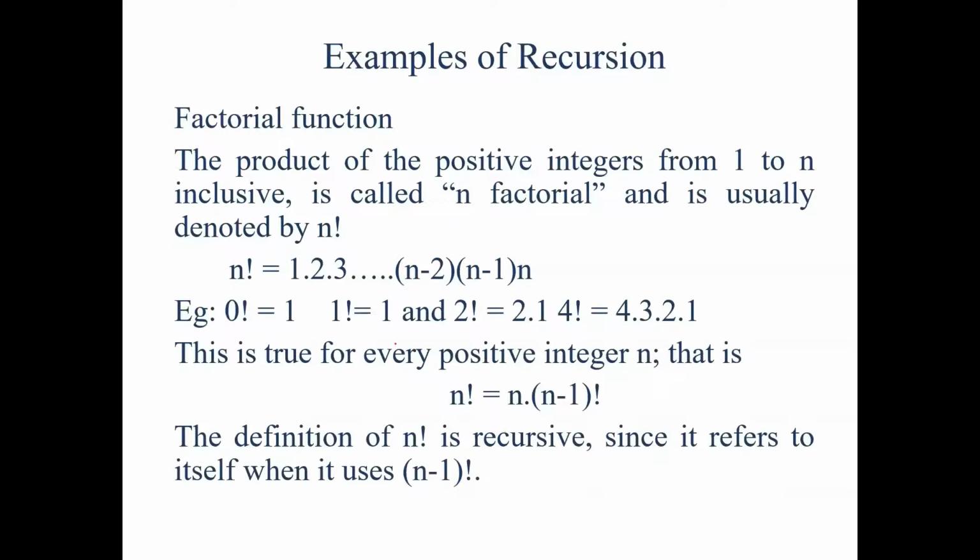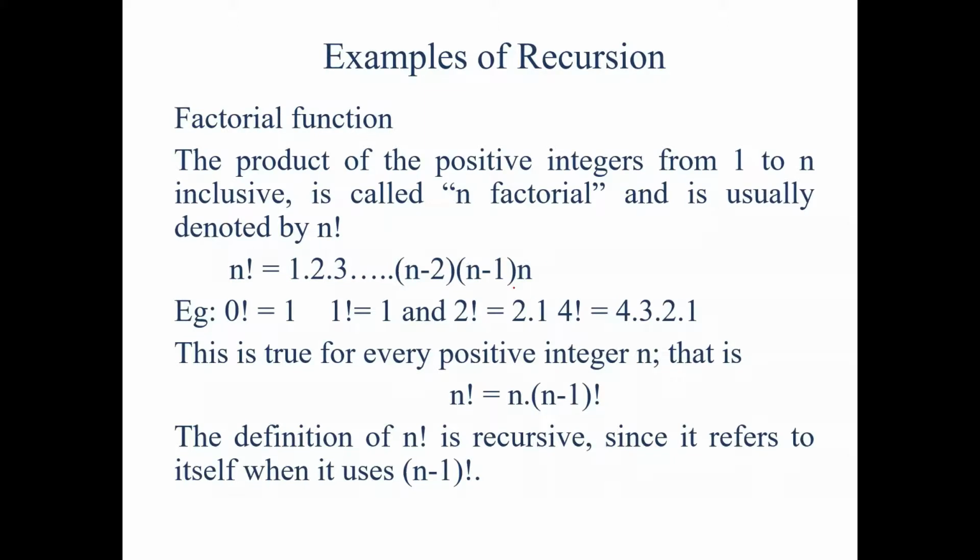We will write 1 · 2 · 3 and so on, the dot indicates multiplication, until n. If you put the value of n as 5, it will be 1 · 2 · 3 · 4 · 5. Got it? So it is generalized and given as: n factorial is the product of all the numbers from 1 to n.